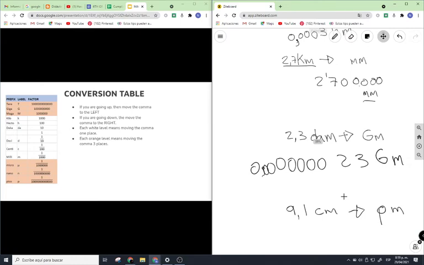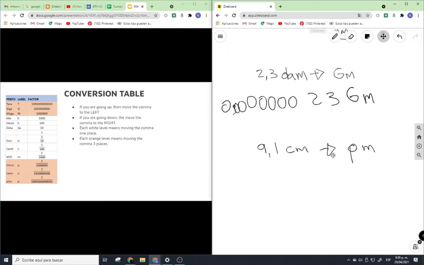And now our last example. So we are in centimeters, see, but we want to convert it to pm. And pm, where's the P? Pico, okay? So it's picometers, okay? From centimeters to picometers. So we are here, we want to go right to here, so it's going down. And going down means that you have to move the comma to the right, so to this direction, okay?